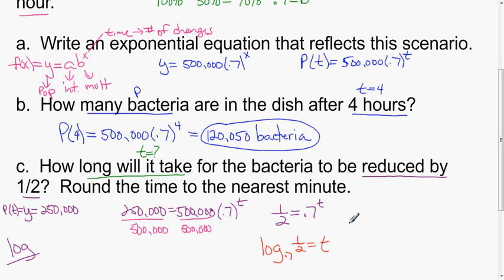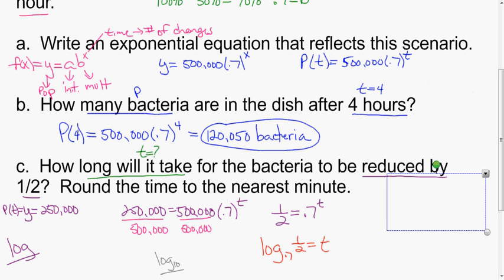That's just rewriting exponential to log form. Now, it seems here if I could just compute log base 0.7 to get 1/2, I'm done. And I can do that on my calculator as long as I change the base. If we notice here, the base is 0.7, but my calculator only does log base 10. So I'm going to have to change the base from 0.7 to 10.